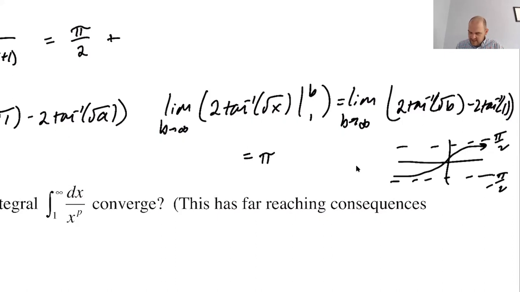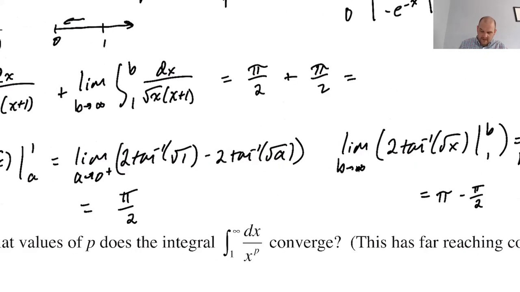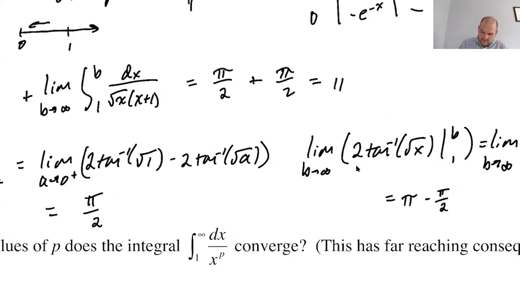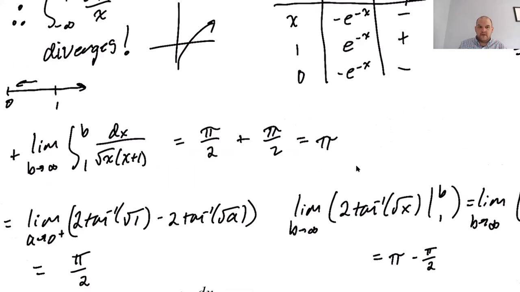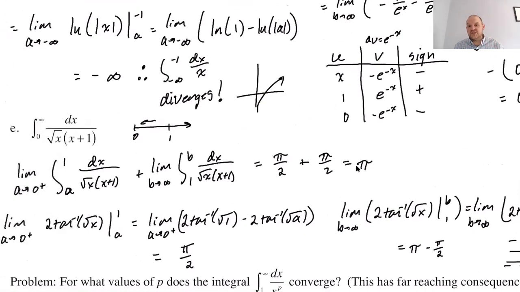The inverse tangent of 1 is pi over 4, so minus 2 times pi over 4, so minus pi over 2. So this part overall gives me pi over 2. So I think that overall, the final answer to this problem is pi over 2 plus pi over 2. It's just pi. So this one, let's check. So I'm getting pi as my answer to that.